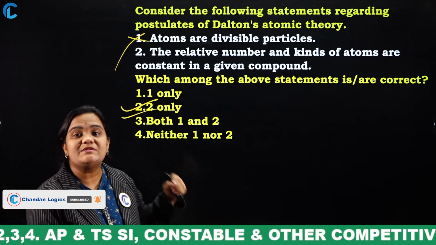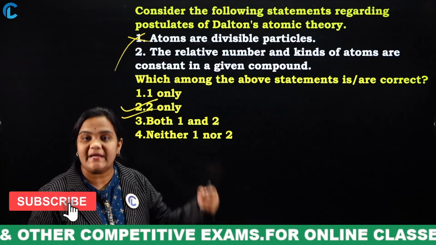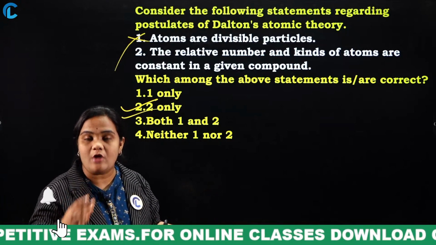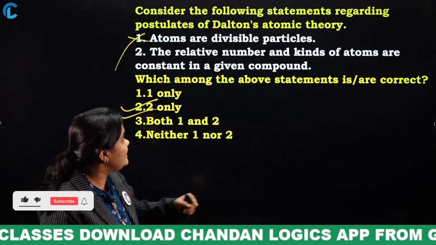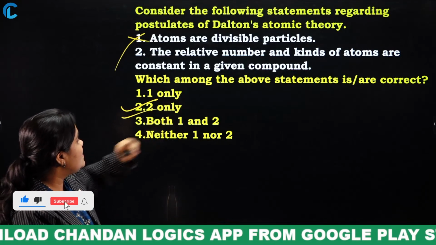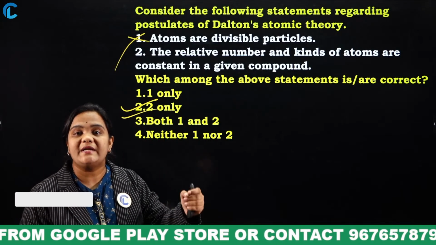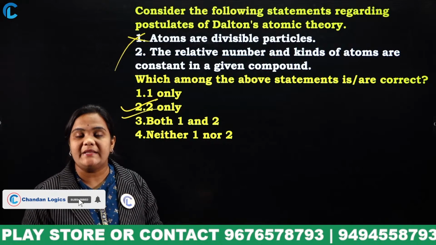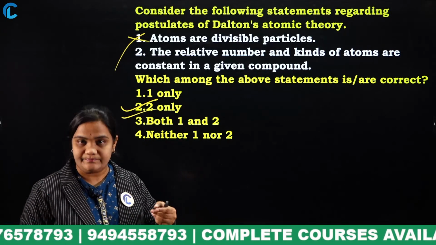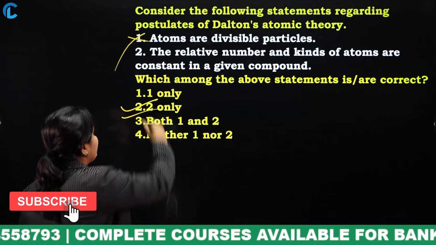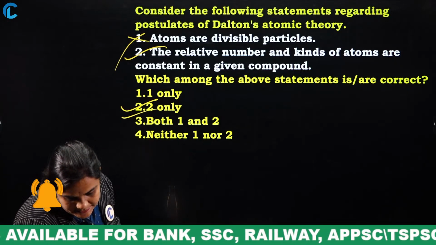Yes, atoms cannot be created, cannot be destroyed and cannot be divided, so in a given compound the number of atoms will be the same. So statement 2 is correct. The answer is only 2.